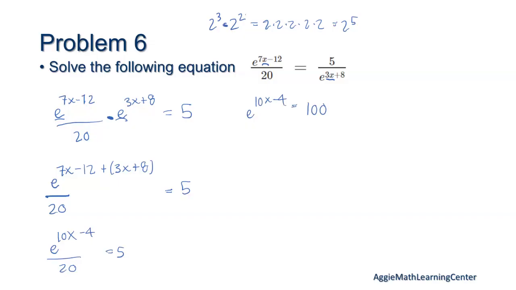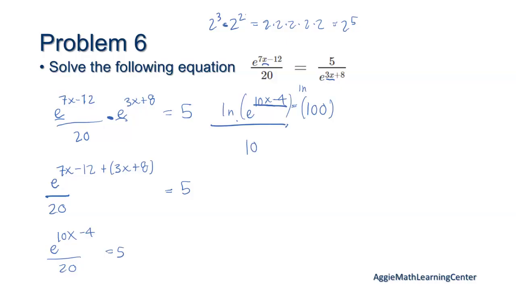So if I have the natural log, I'm going to actually write it just for funsies, sort of. If I have the natural log, that means I have log base e, right? Log base e of e to the 10x minus 4 means that this whole thing has to be equivalent to whatever's in the exponent. That's what answers that question.